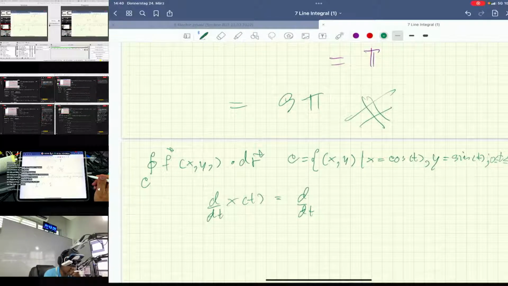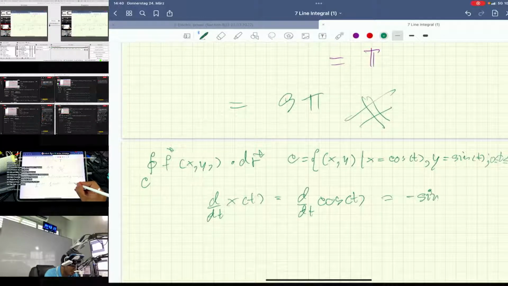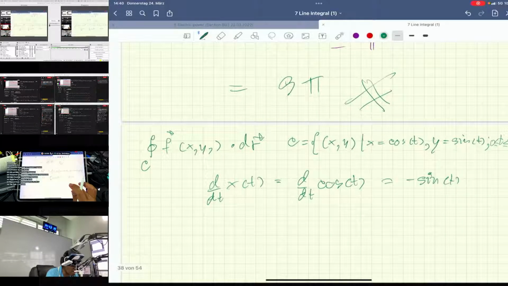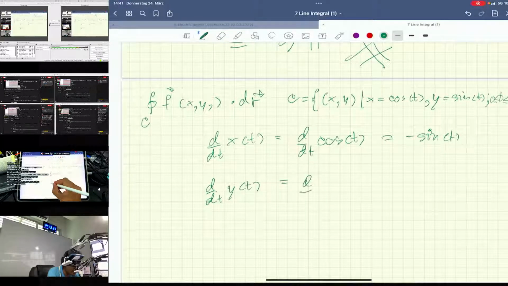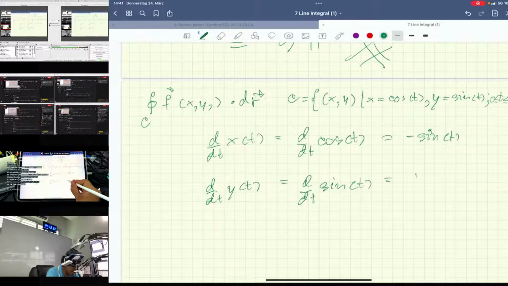Okay, so d by dt of x(t) is negative sine t. And d by dt of y(t) is d by dt of sine t, which is cosine t. And of course, you know that a is 0 and b is 2 pi.